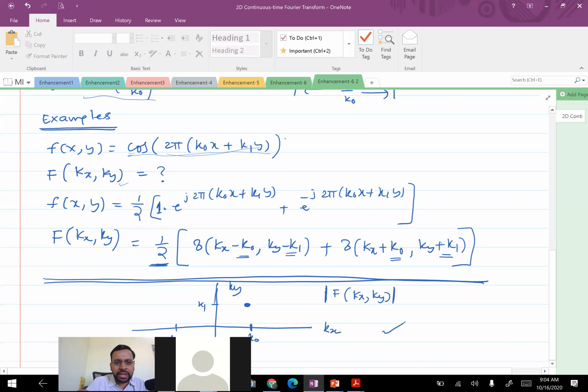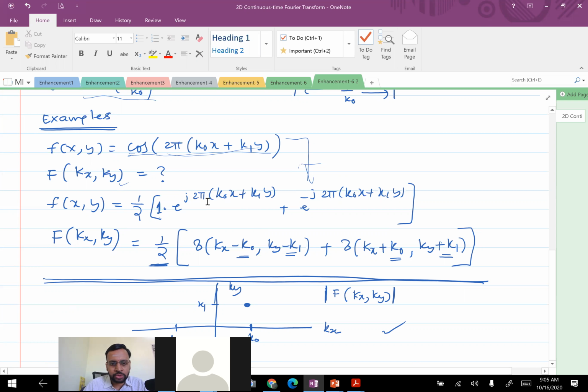First we represent it in terms of complex exponentials. We already know that for 1 it is delta of kx comma ky. Since we are multiplying with a complex exponential in the spatial domain, that results in a shift in the frequency domain.